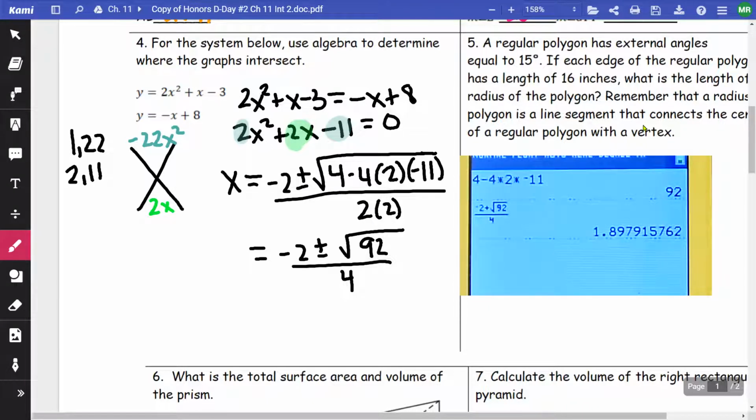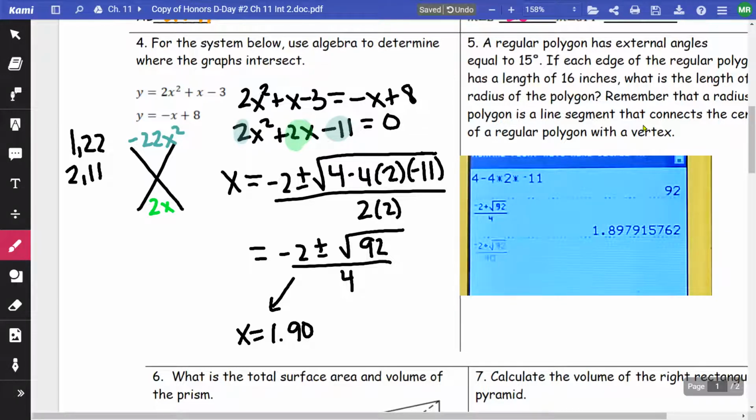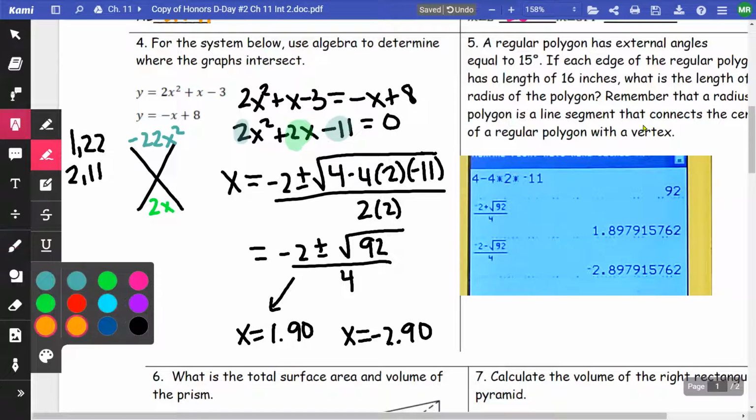And one answer is going to be x equals 1 point, let's say 1.90. And I'm going to take the same thing, but change this to a minus. And my other x is going to be negative 2.90.